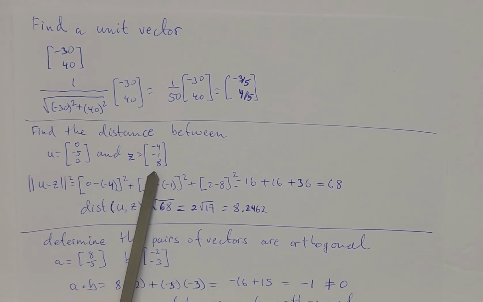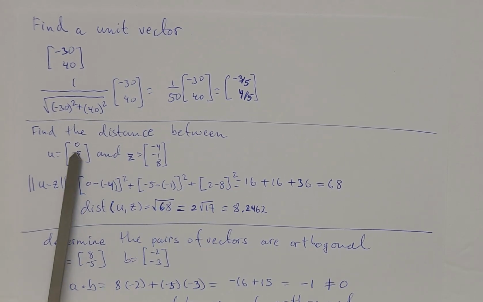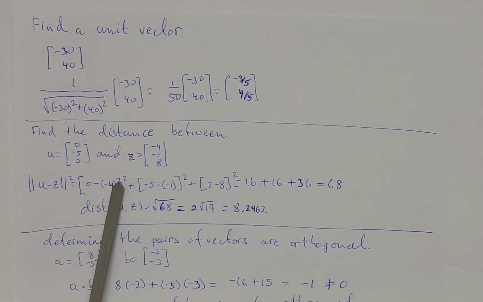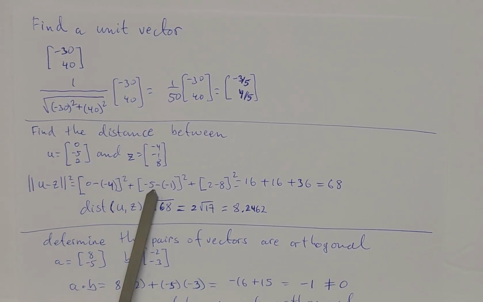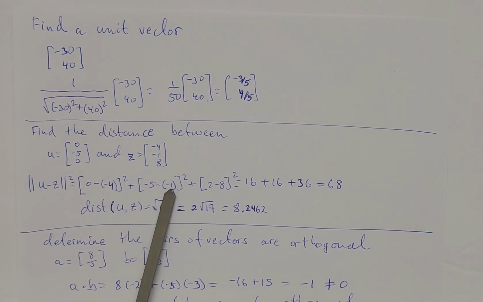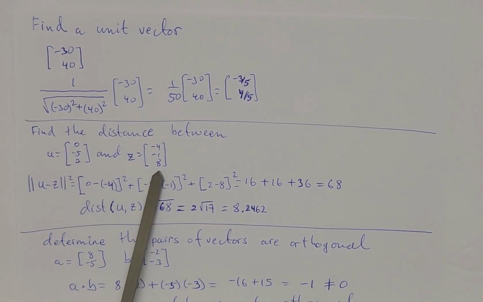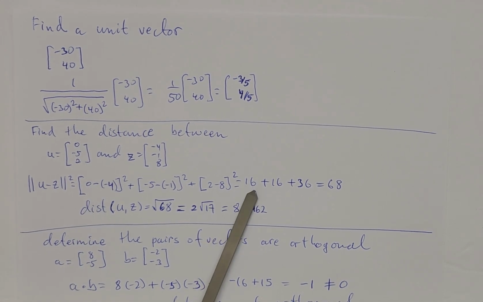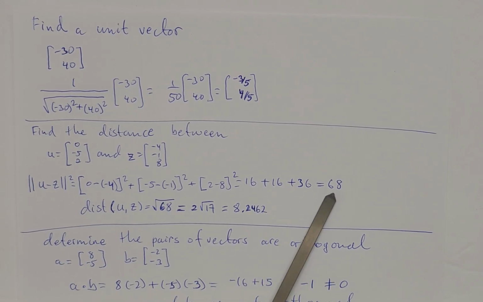And then 2 subtract 8, square. Then just basic algebra. Simplify it, comes out to be 16, 36, add them together, gives me 68.